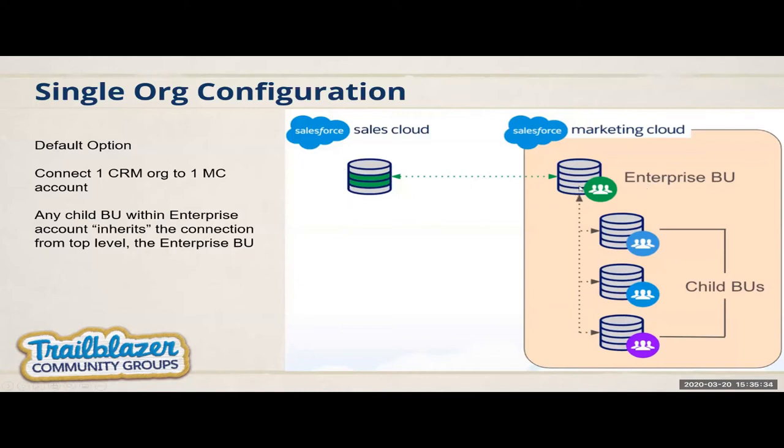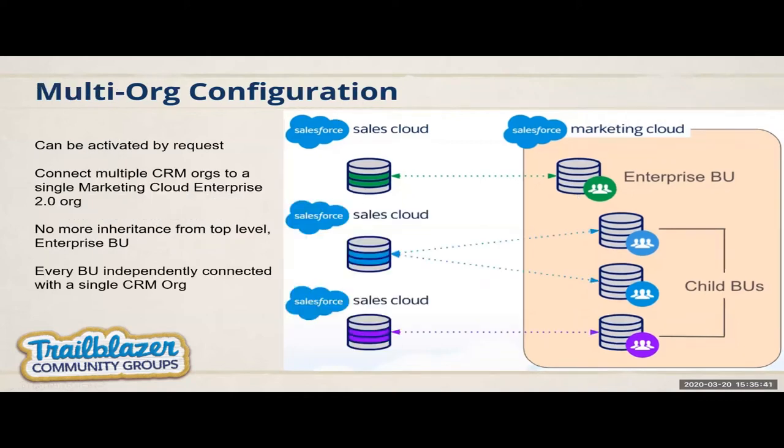You can share additional data with the child BUs if you want. But for multi-org, this is something you have to specifically request the support team to enable for your org. In which case, each BU that you have, even the parent, is also a BU, so BU is business unit, can independently connect to a CRM instance.